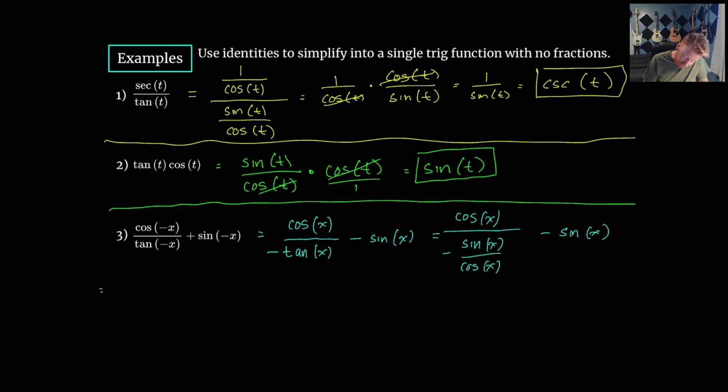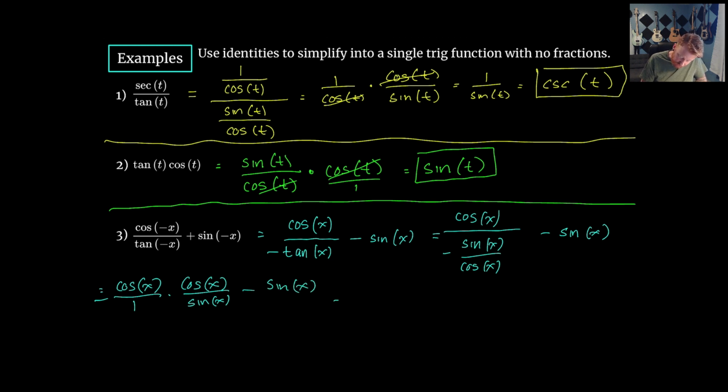So now we're going to have cosine x, and we'll put this over 1, being multiplied by, I'll put this negative in the very front, negative cosine x over sine x. And we are still subtracting sine x.